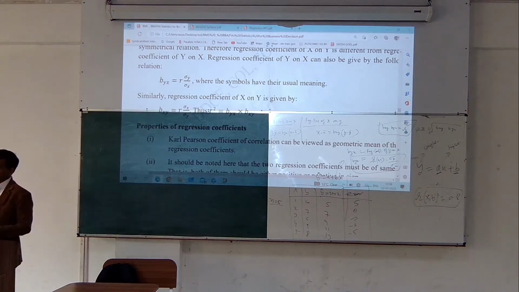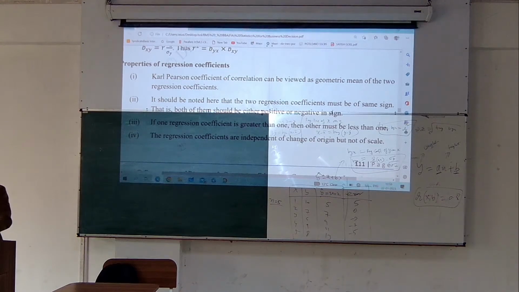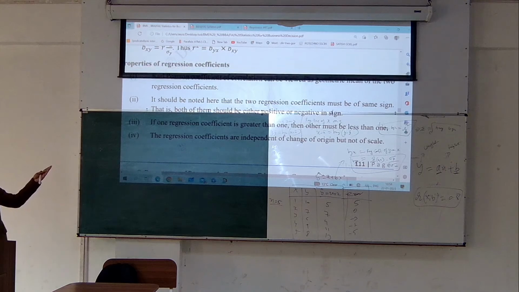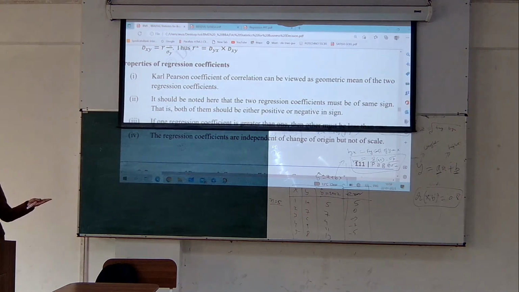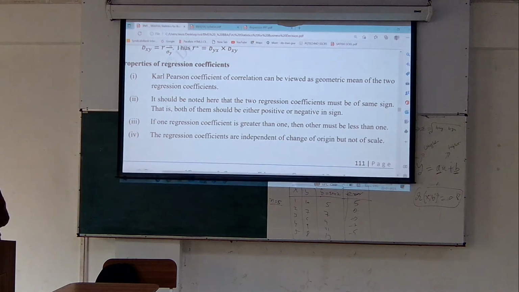So these are the properties of these regression lines. The Karl Pearson coefficient is the geometric mean, as I already told you and explained to you. Second, the two regression coefficients must be of the same sign.